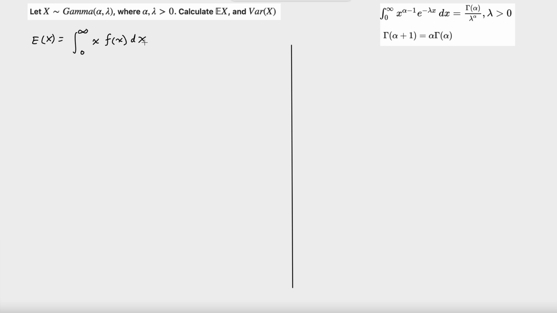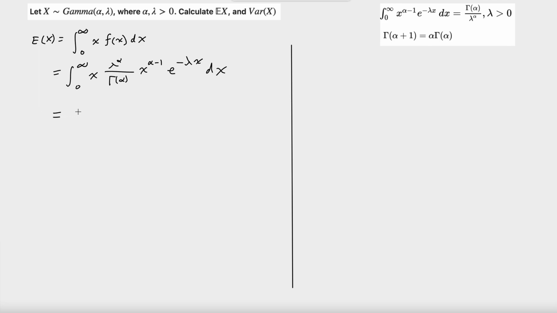distribution, dx, and this is equal to the integral from 0 to infinity of x times the density function of a gamma distribution, which is given by lambda to the alpha divided by gamma alpha, x to the alpha minus 1, e to the negative lambda x, dx.